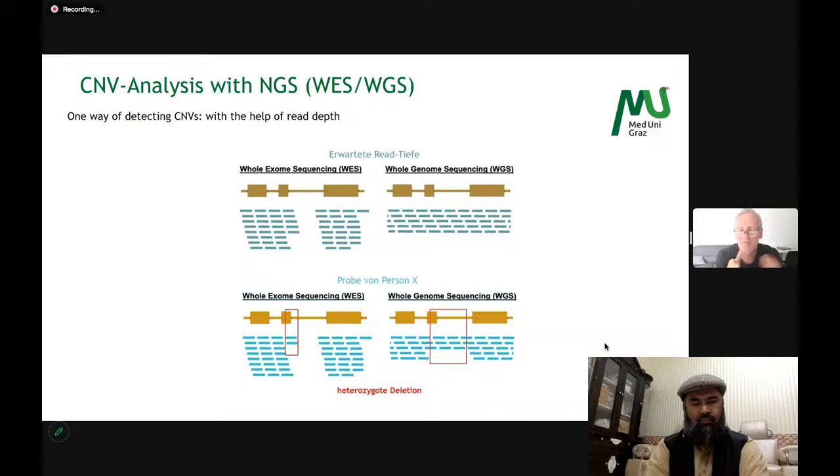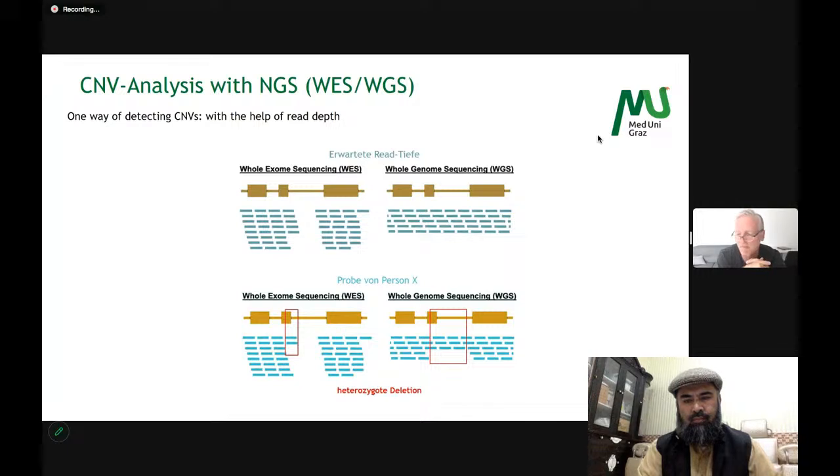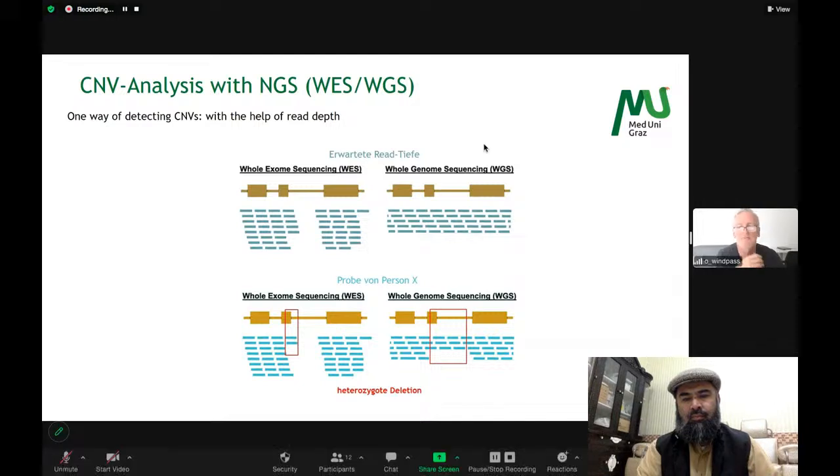Because you have split reads here, you can easily detect the right breakpoints where two chromosomal parts are fused together. So this is also a very nice perspective, and leads to a higher detection rate of such translocations.